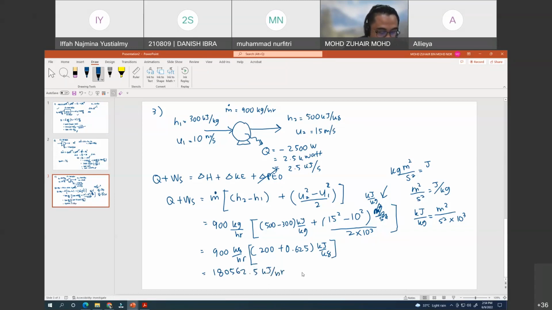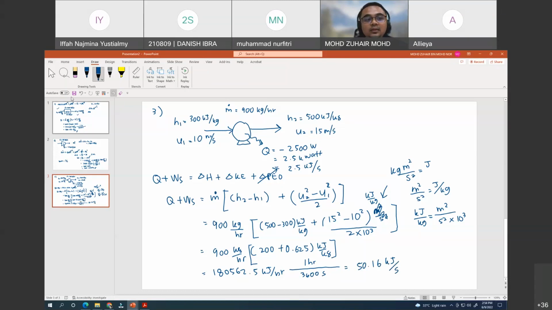This is still Q plus Ws. We want to change this so that it has kilojoule per second. One hour is 3,600 seconds, so we are going to get 50.16 kilojoule per second.